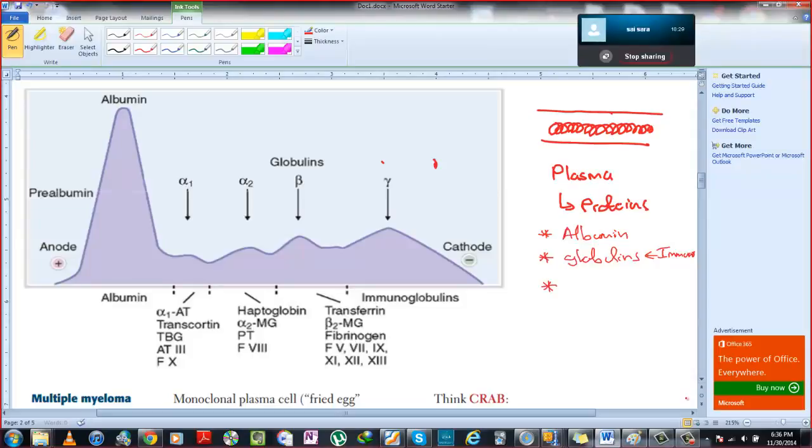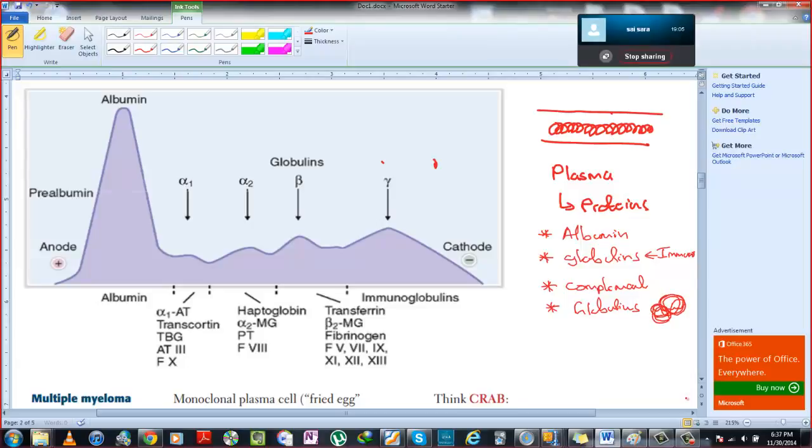Complement. I'm not sure whether they're a protein, but for the sake of it, okay, complement. Oh my god, I can think of all sorts of globulins. Globulin means a protein which is folded in a three-dimensional structure in a globular shape.